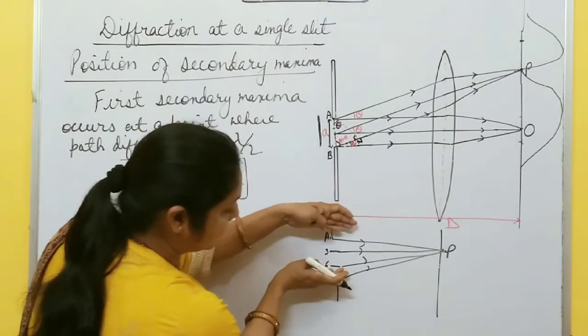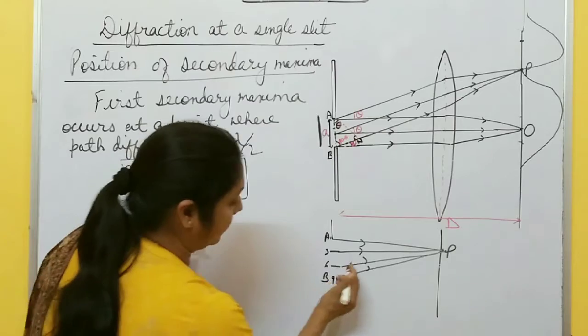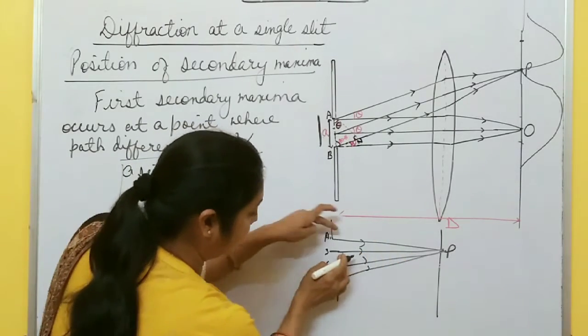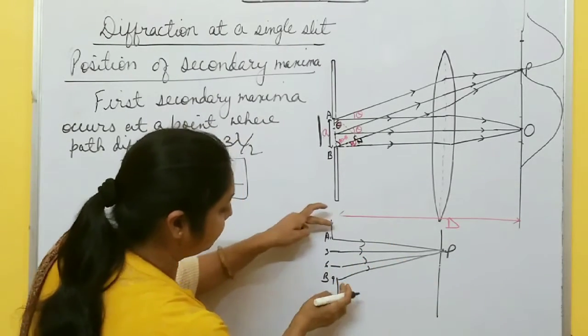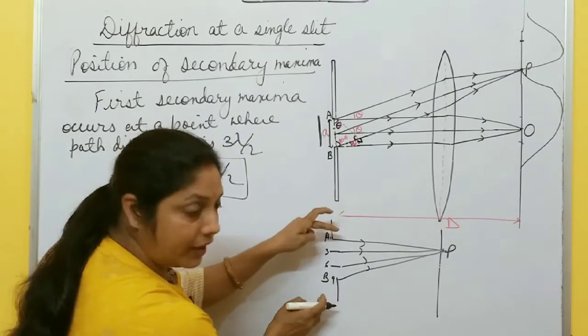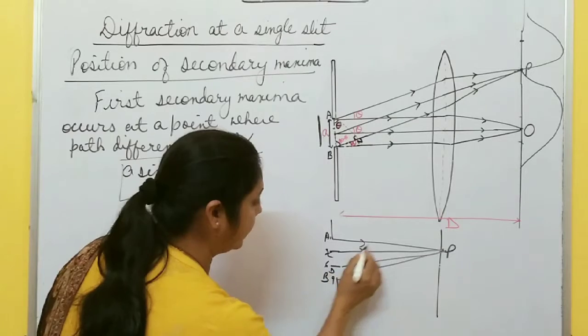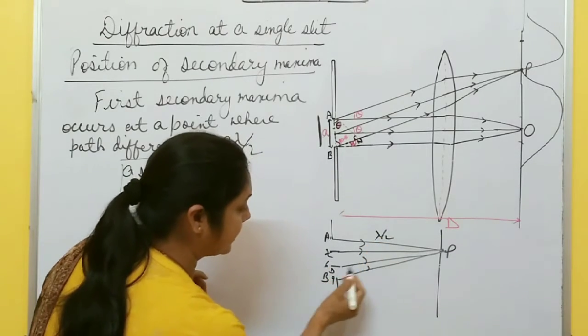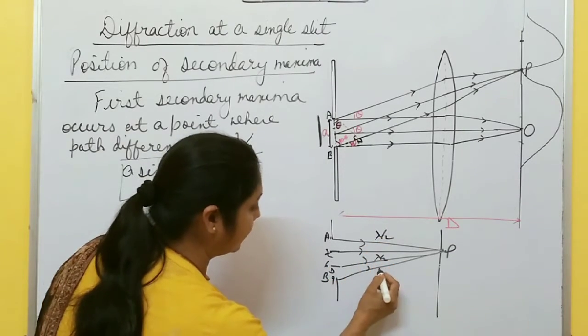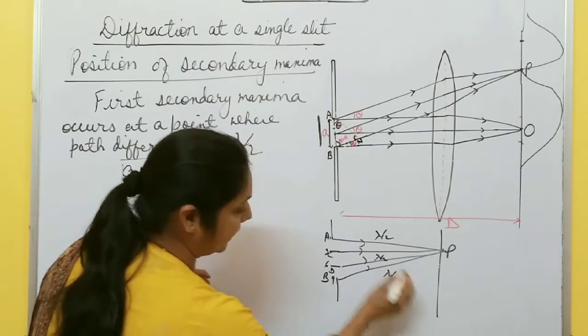Now in every part the path difference is how much? If the path difference between A and B is 3 lambda by 2, then between A and C, and C and D, it is again lambda by 2 in each part.